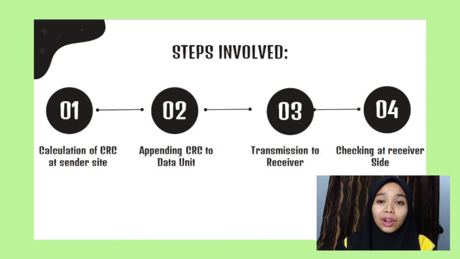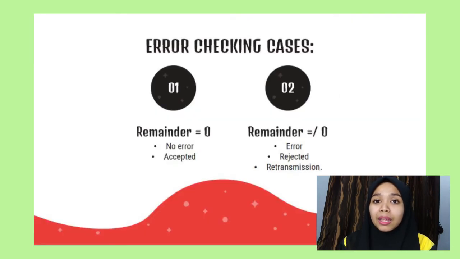After we have done all the steps, we can check whether there is any error or not. There are 2 outcomes from the steps that we did. First, the result might be remainder 0 or the remainder not equal to 0.